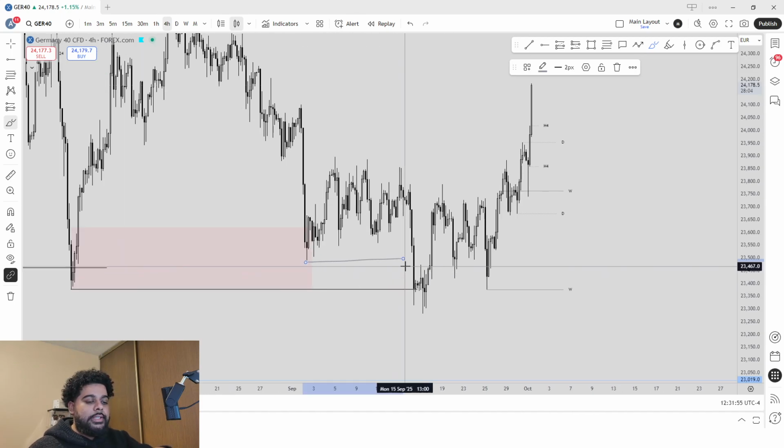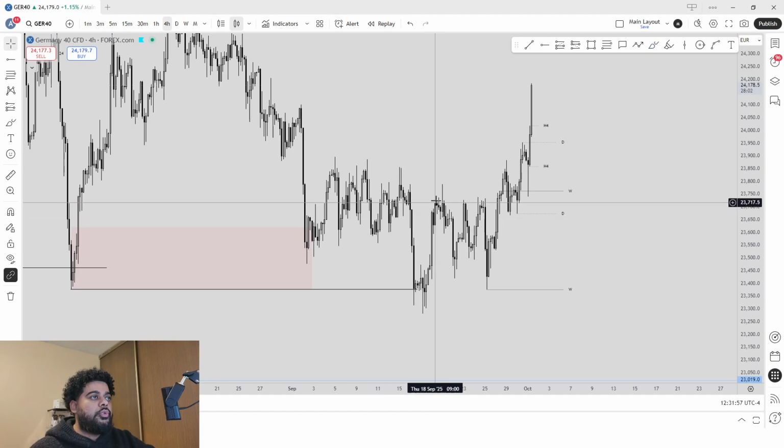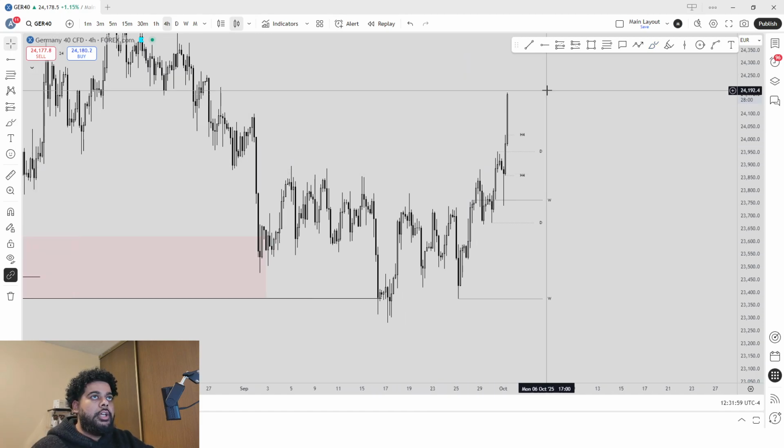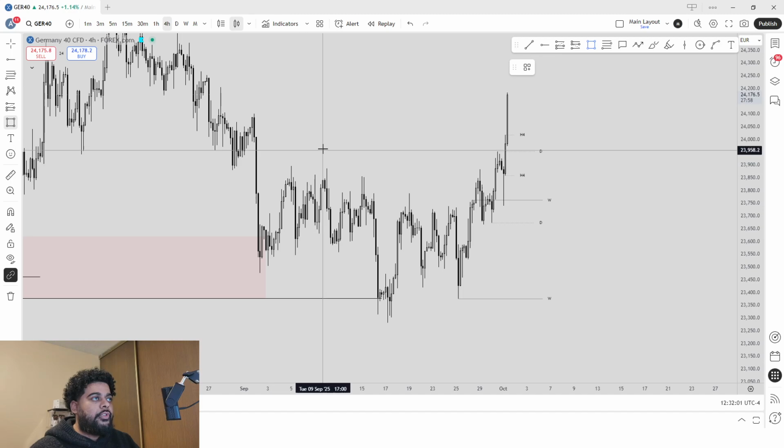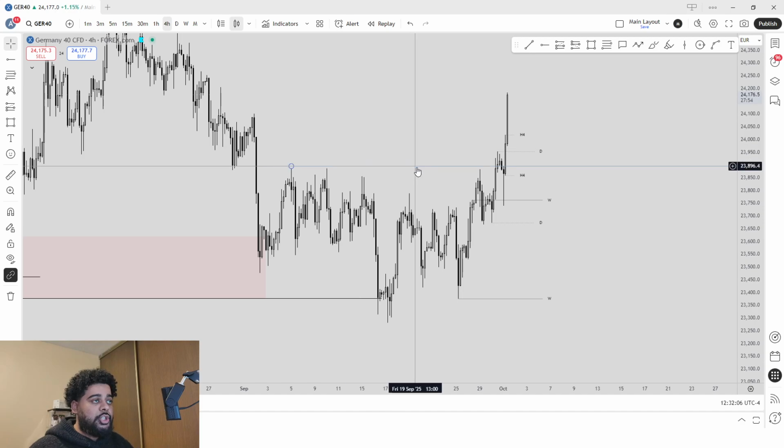So what that does is it induces sellers into the market. Essentially any reactions from below these highs are going to be traps. It's going to be fuel for us to, let's say, buy into the highs.